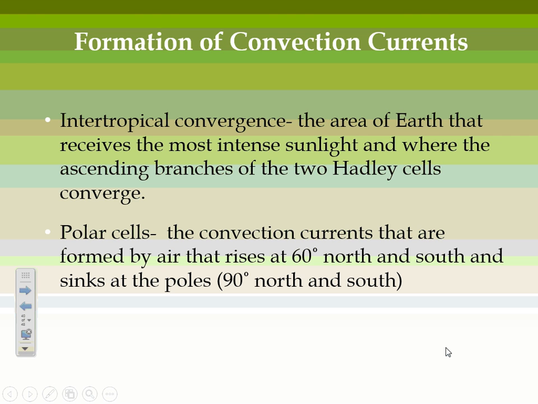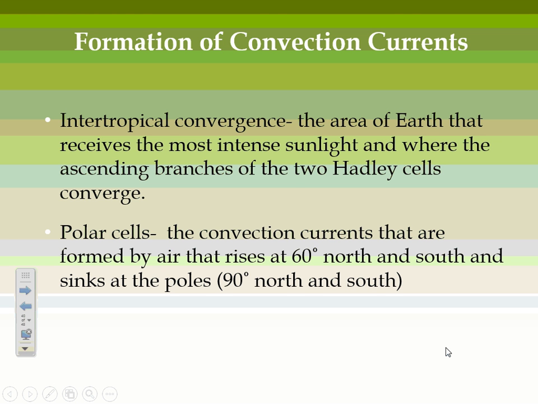There's also a polar cell. These are the convection currents that are formed by air that rises at 60 degrees north and south and then sinks at the poles, 90 degrees north and south. That cold air that's descending is creating a completely different type of desert.